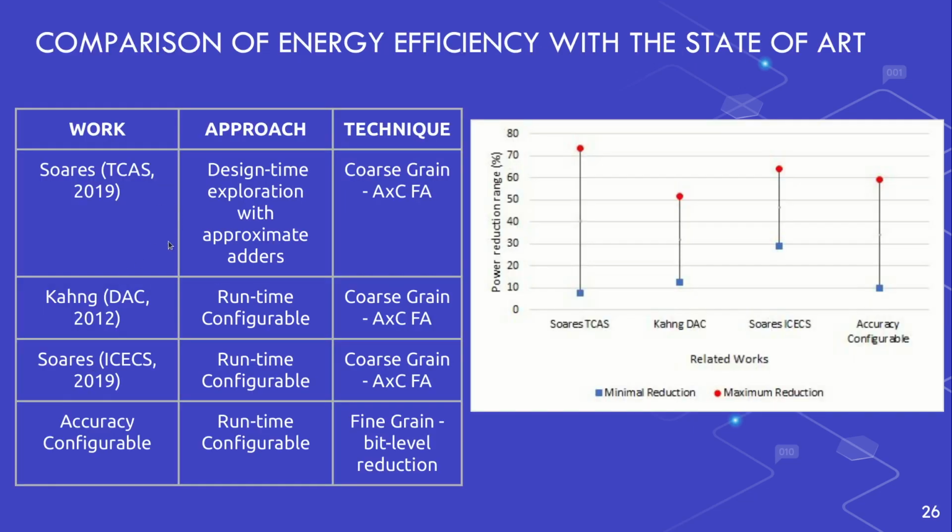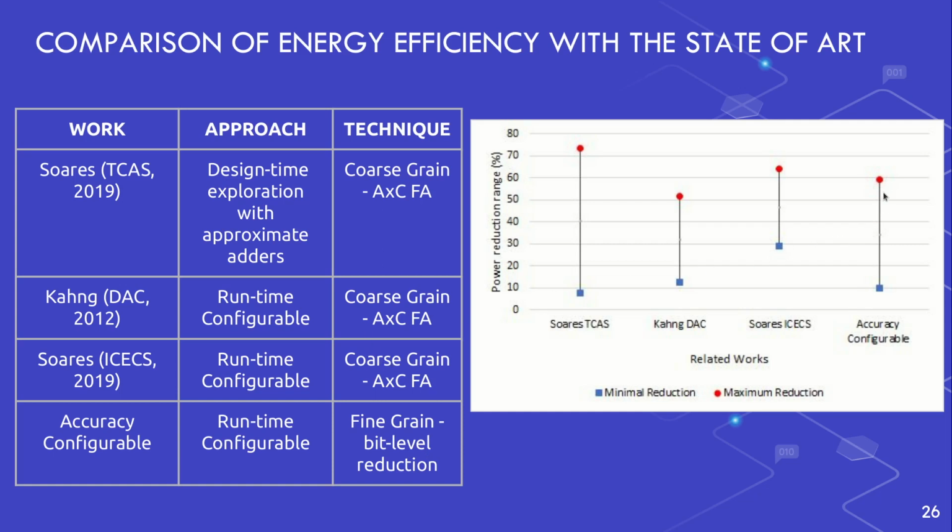When we compare our proposed work with the related ones, this first work here is a design time exploration with approximate adders, and these two studies here are runtime configurable, as we do. But our work is bit level, while these other works have a coarser grain.